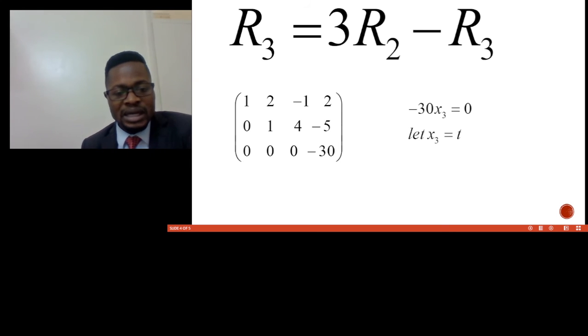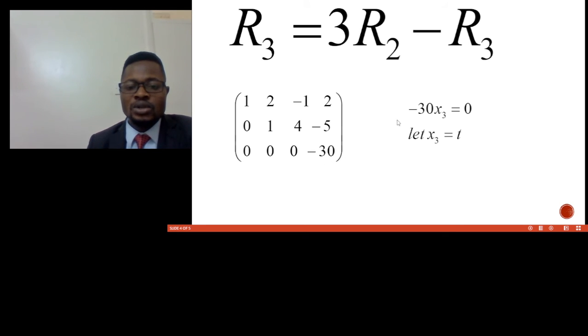But if we look at the matrix form, we have zeros in the third row and negative 30. So this is just like saying that negative 30 x3 is equal to 0. So we let our x3 be equal to t. Then we use this value of t to find x2 and x1.